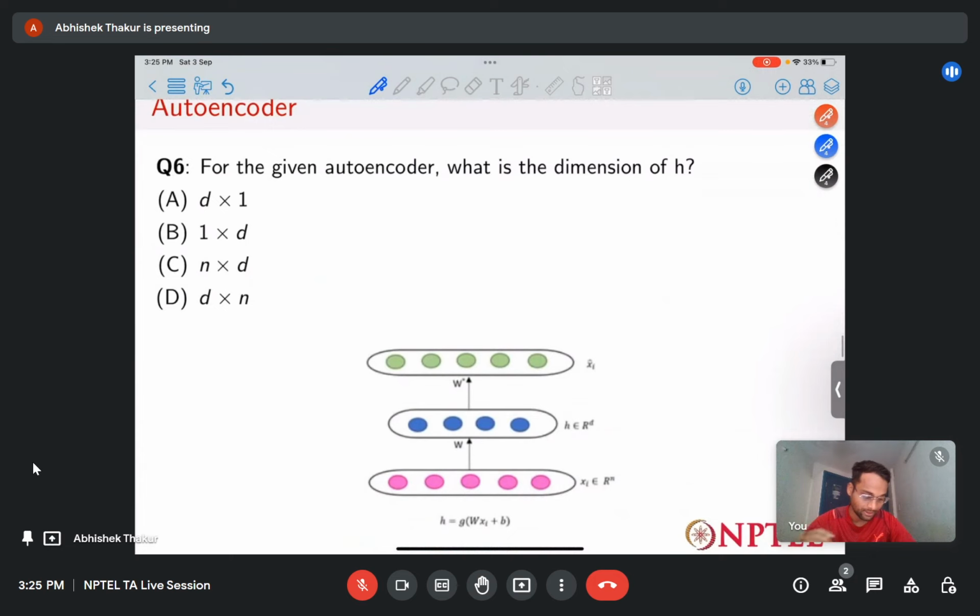This time we will see the dimensions in the autoencoder. What is the dimension of H, W, Xi? We'll see for everything.